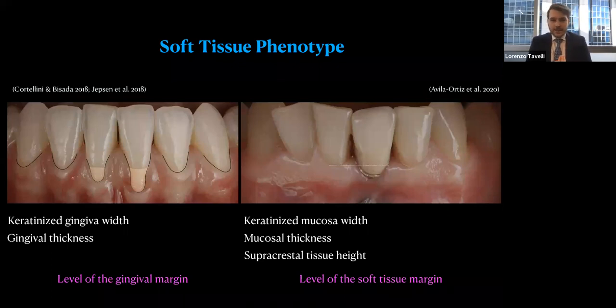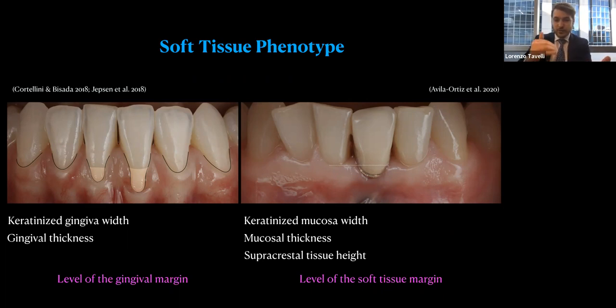While for dental implants, when the level of the soft tissue margin is not in the ideal position, which is not determined by the crown itself, you have to look at the cement-enamel junction of the contralateral homologous tooth.